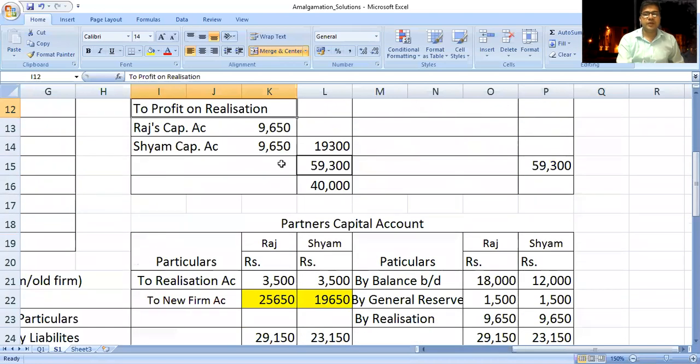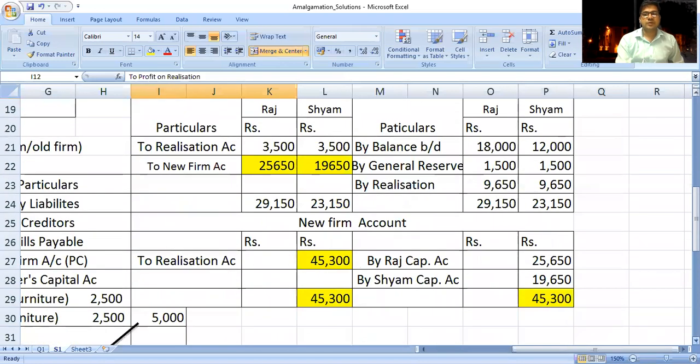Profit we transfer to the credit side, and loss we transfer to the debit side. Then we find the new firm balances, and these always transfer to the credit side: Raj's balance 25,650 and Sham's balance 19,650. Then we close both the sides, and it tallies. So I hope you understood how to draw these particular columns and how to write the answers.